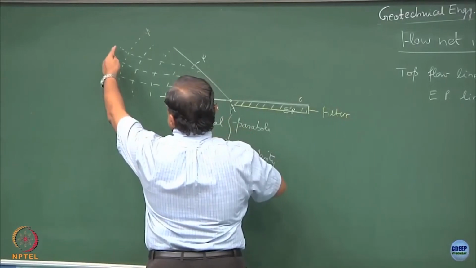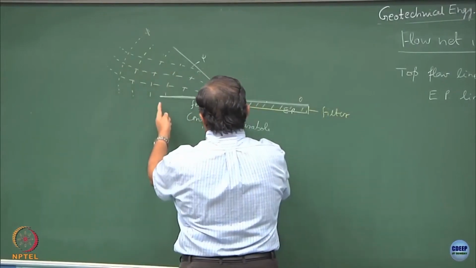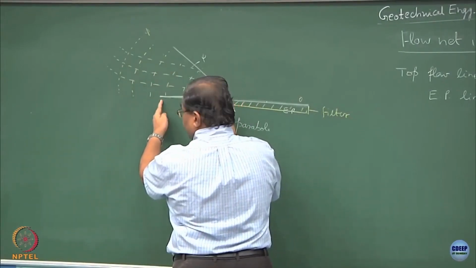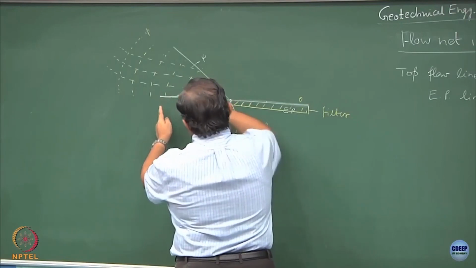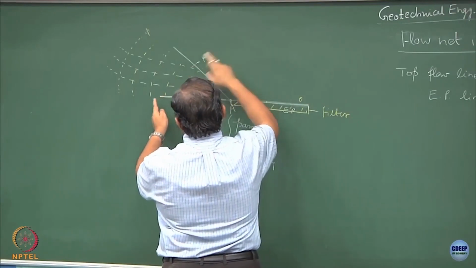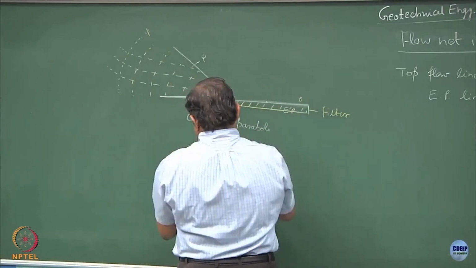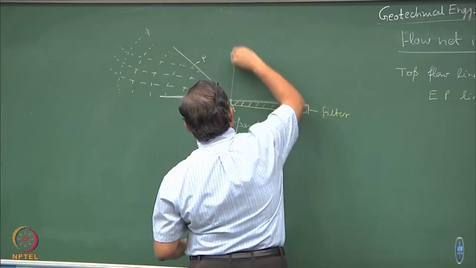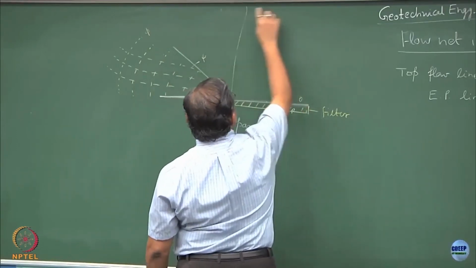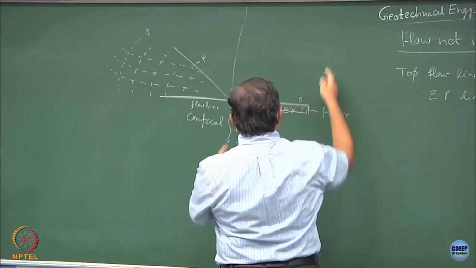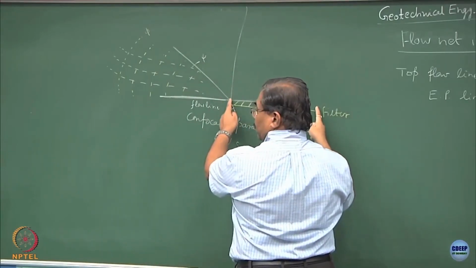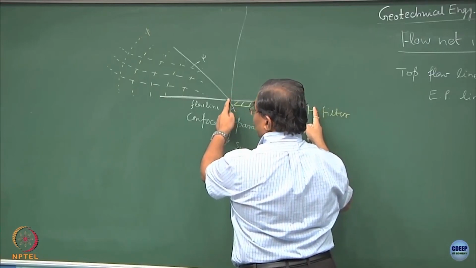The way we have plotted the flow lines and we have assumed this to be the bottommost flow line, all the equipotential lines, when you plot them in totality, would extend up to this regime, and this line would become the bottommost equipotential line. Clear?